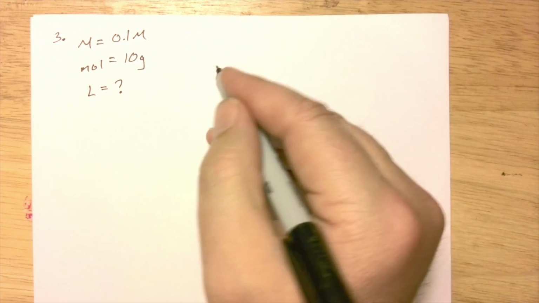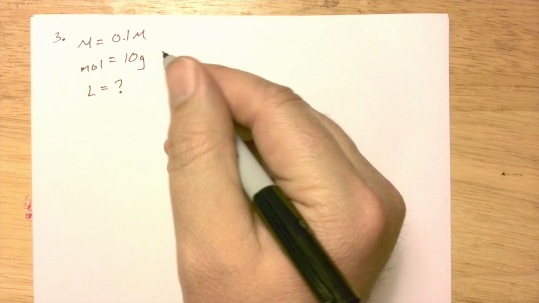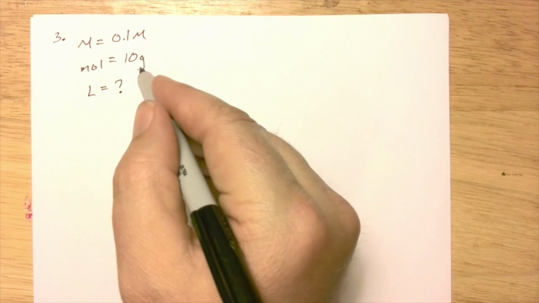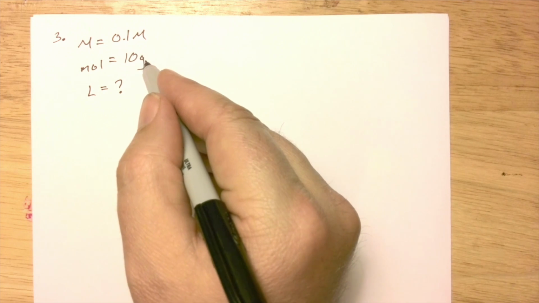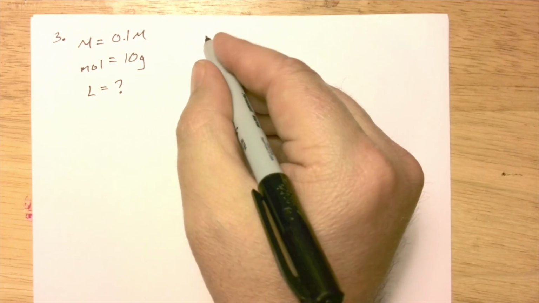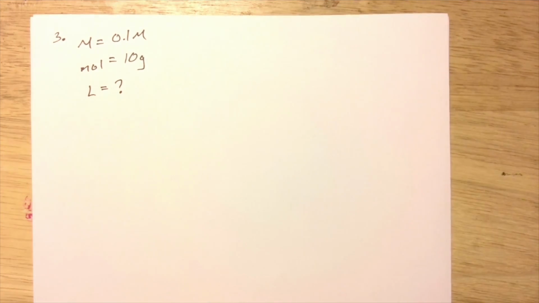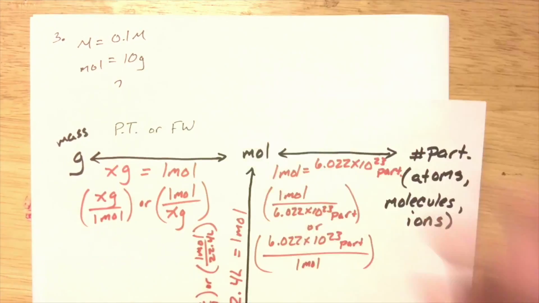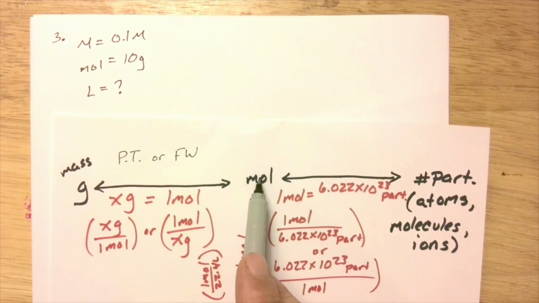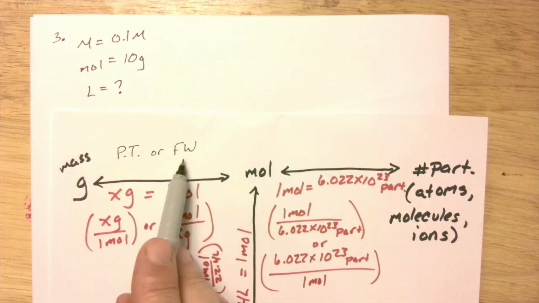So again, if you look at the information we have here, we're trying to solve for how many liters, but we need to get this into a unit of moles. So with the sodium hydroxide, we need to find the formula weight. So again, we're going back to this. We have 10 grams. I need to know how many moles. I need the formula weight.